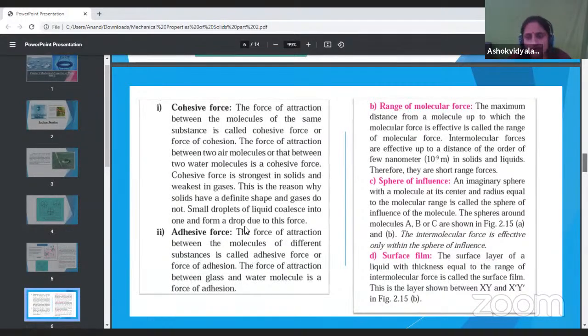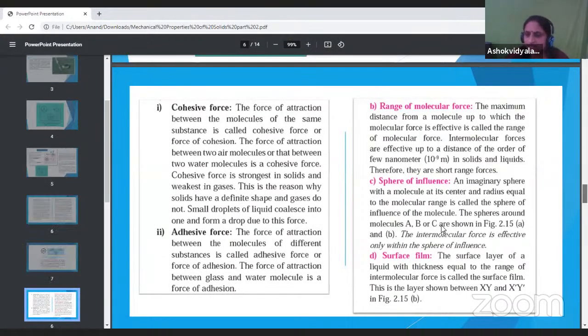The intermolecular forces are effective up to a distance of the order of a nanometer, a few nanometers, 10⁻⁹ meter in solids and liquids. Therefore, they are short range forces.